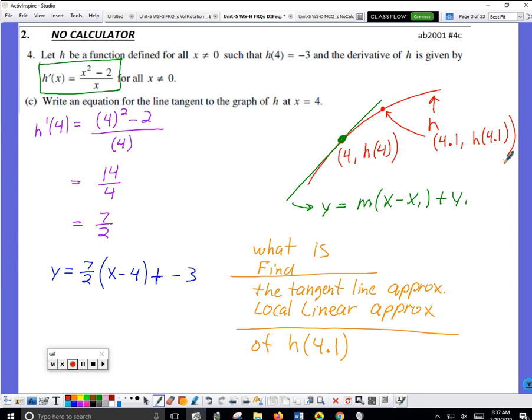Question. When they ask for a tangent line approximation, they don't want you finding the actual value of h. They want you to find something nearby. So what we do is, instead of finding the dot on the red curve, we find the dot on the green line that is at the same x-coordinate. It's a really simple concept.